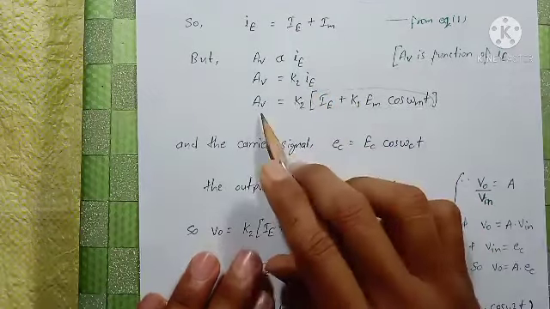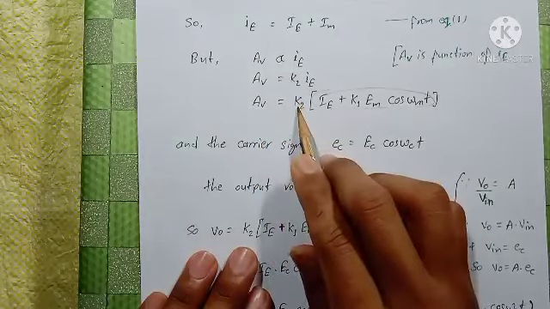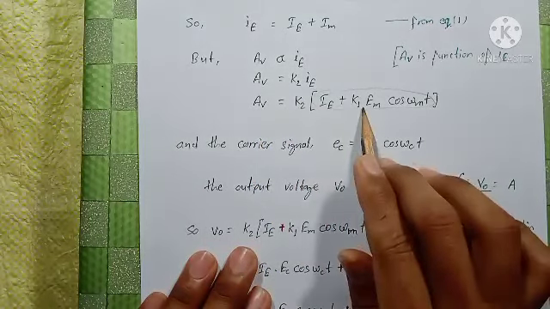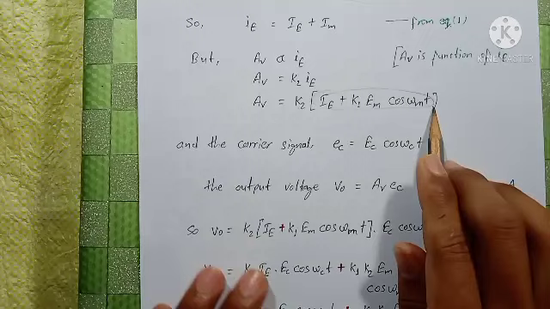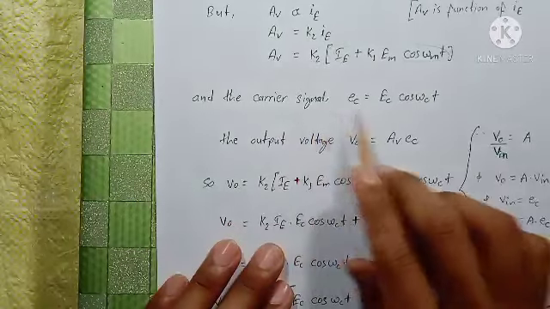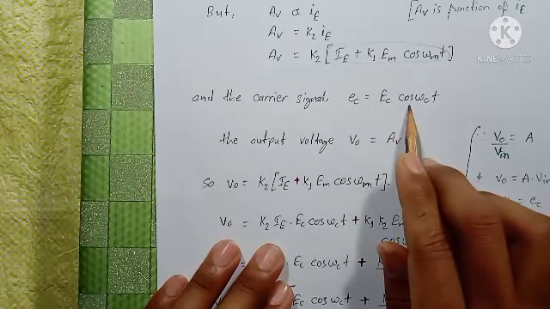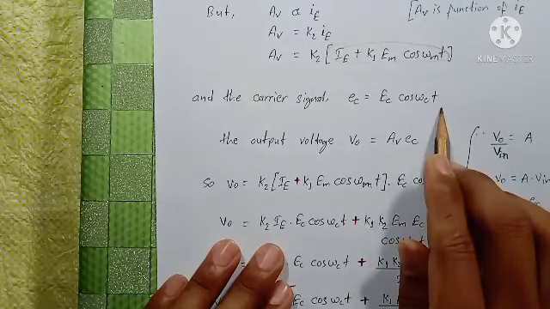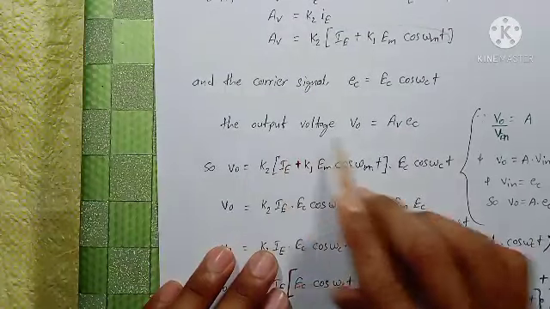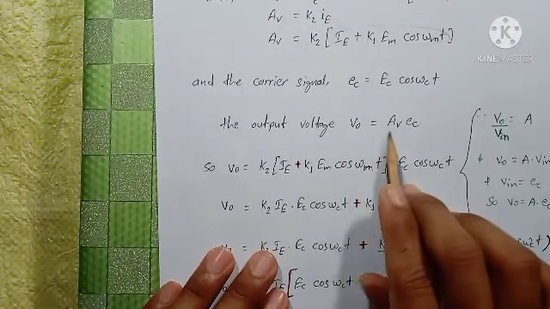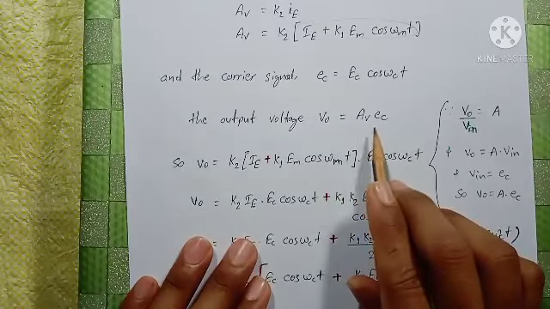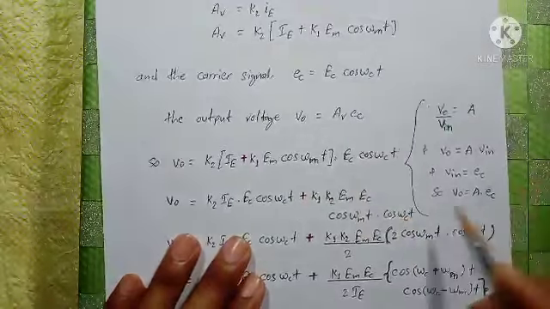So we get AV is equal to K2 into IE plus K1 Em cos omega m t. The carrier signal EC is equal to capital EC cos omega c t, and the output voltage V0 is equal to AV into EC.